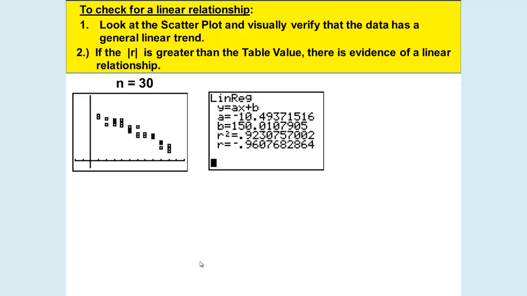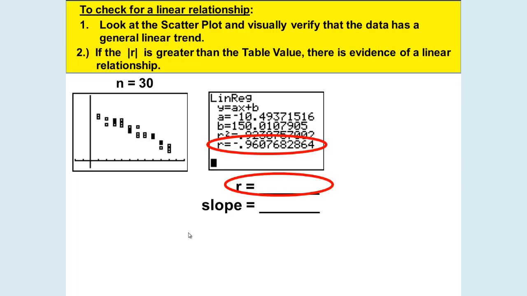Here is the screenshot from the TI-83 regression. Notice that it gives us the linear regression and our R and R squared values. Our R is negative 0.9607682864, which we round to 4 decimal places: negative 0.9608.